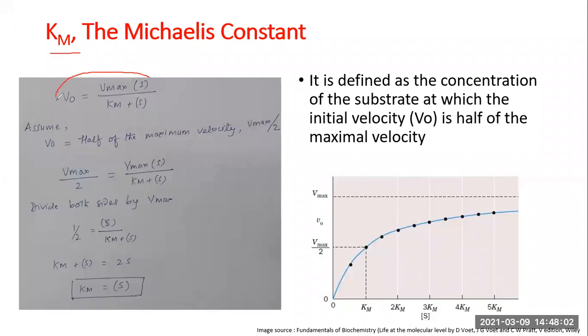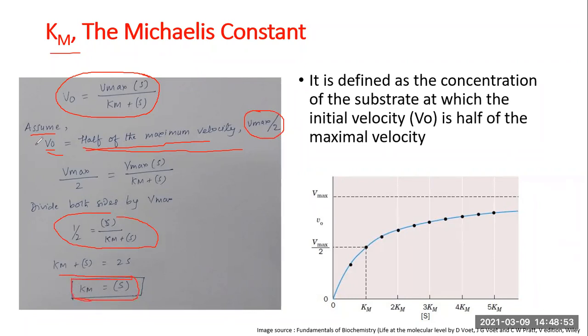So you have this equation we have just derived: V0 is equal to Vmax into S upon Km plus S. So if you assume that V0, that is initial velocity, is half of the maximum velocity, that is Vmax by 2, and you replace V0 by Vmax by 2, you get Vmax by 2 equals Vmax S upon Km plus S. Now if you divide both sides by Vmax and solve it further, you get Km plus S is equal to 2S, or Km is equal to S.